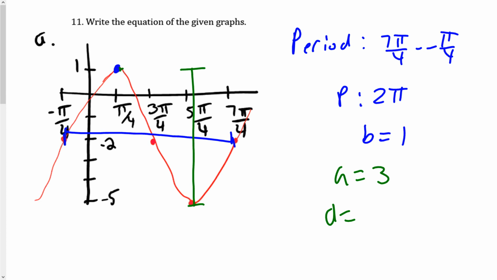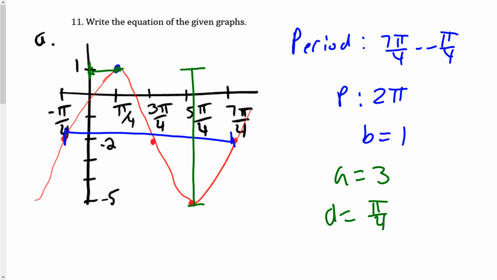Well, how far do I have to move this top value back to the x-axis? That would be pi fourths, right? So that would be a distance of pi fourths going back. Since I'm going back, that'd be a negative pi fourths going back to the x-axis, right? So that's going to be a positive pi fourths as my d, okay?